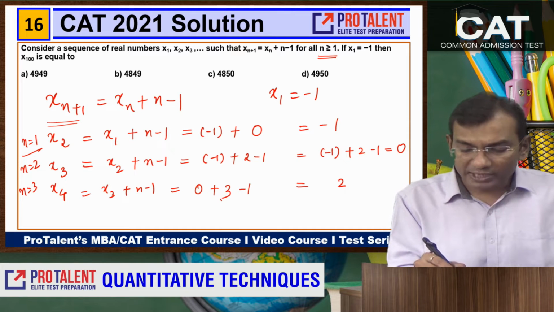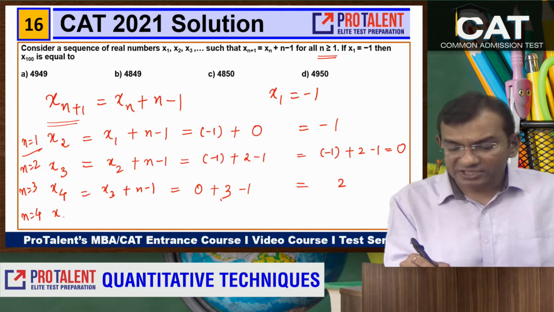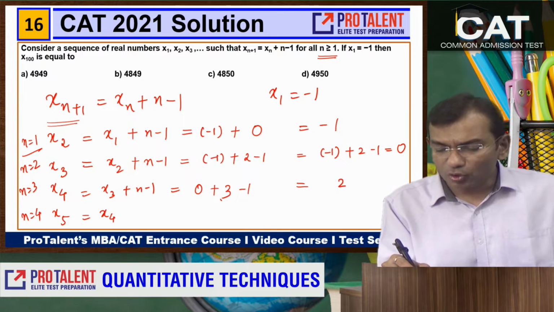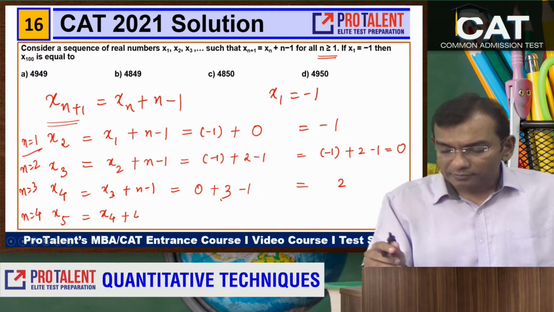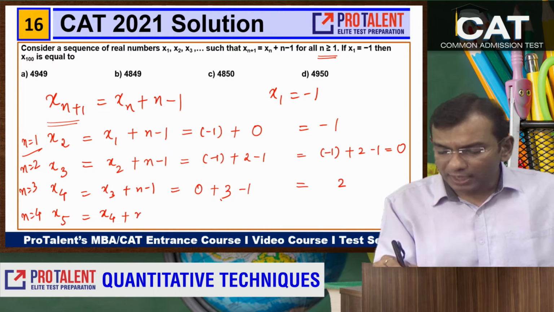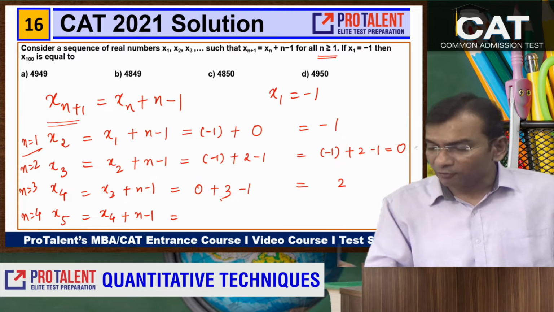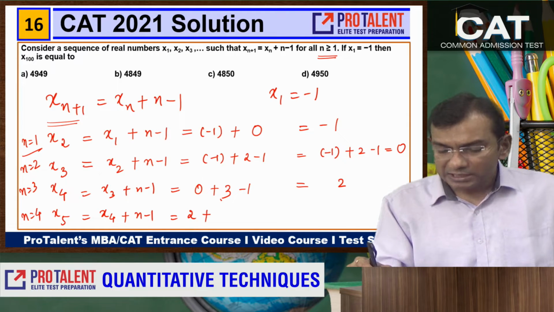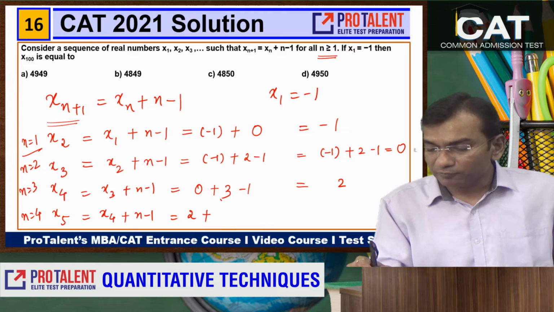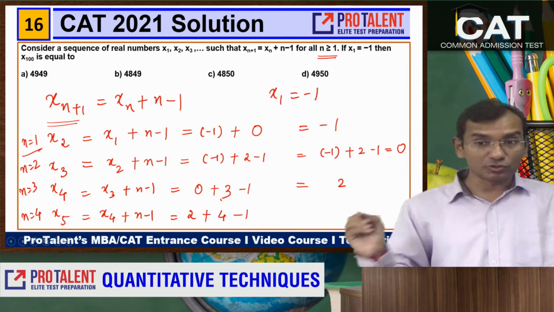Then if I put n equal to 4, it becomes x5. x5 is x4 plus n minus 1. So x4 is 2 plus n equal to 4 minus 1, and so on and so forth. ठीक है.